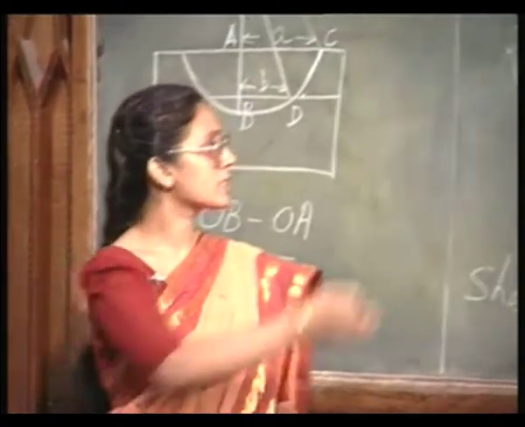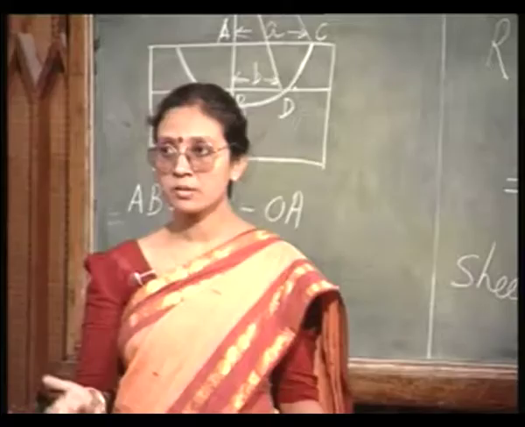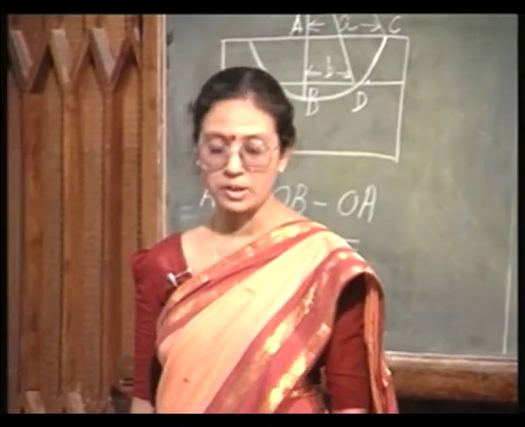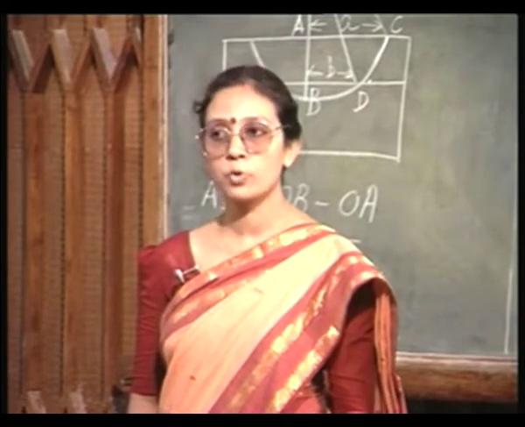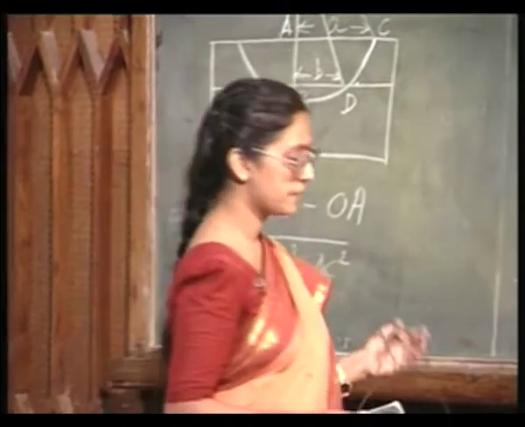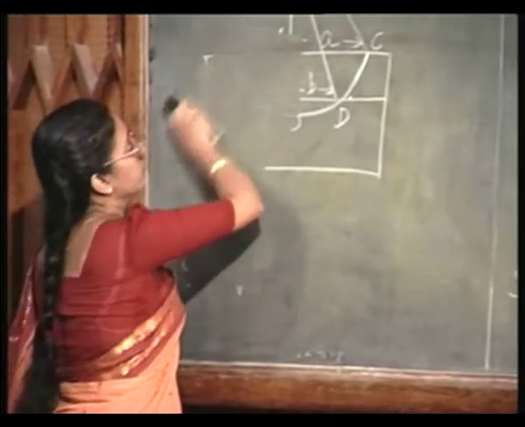Of course, from this expression, it is very simple. You measure the current and voltage and then measure the number of squares and then you can find out what the sheet resistance is. But more usually what is done is we use a 4-point probe technique in order to measure the sheet resistance. What is a 4-point probe technique?